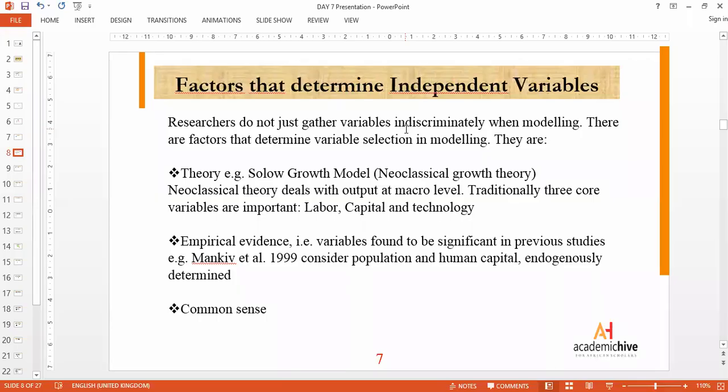You can also come up with independent variables from empirical evidence, that is, variables that have been found to be significant in other studies.